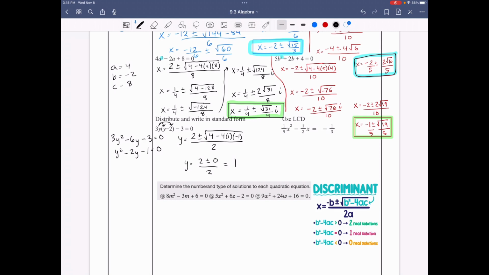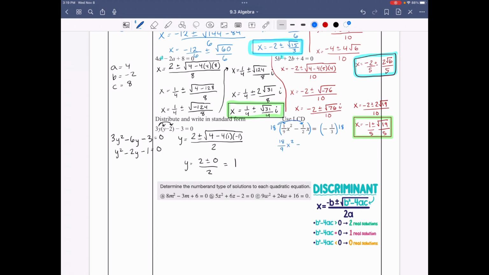When you have fractions, it's helpful if you can use the least common denominator and multiply that out so that everything goes away. Think about what the least common denominator would be for 9, 2, and 3. Yeah, it's 18. So what I'm going to do is multiply both sides of the equation by 18. 18 times 1/9 is 18 ninths.